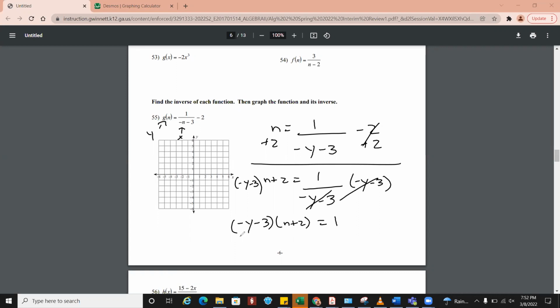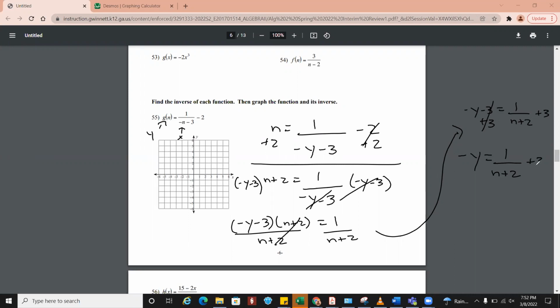I want y by itself, so I'm going to divide by n plus 2 on both sides. And so I get negative y minus 3 equals 1 over n plus 2. I'm going to add that 3 to the other side. And so this is going to give me negative y equals 1 over n plus 2, plus 3.